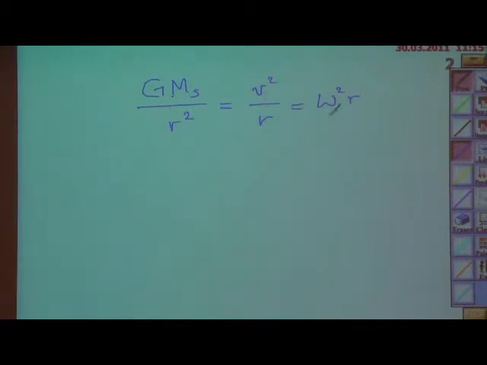Now you can solve this relation for v and obtain something like this, square root of G M sun over r, that is independent of the mass of Earth. So Earth is moving at a speed around the sun, but its own mass doesn't play any role in this business. What it is dependent on is the mass of the sun, what is attracting it there, and the distance from the sun.